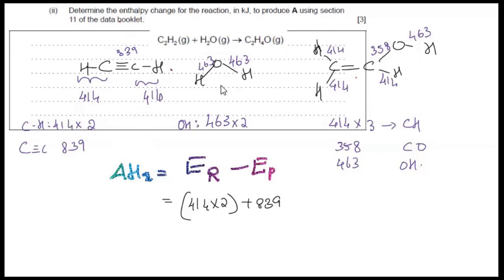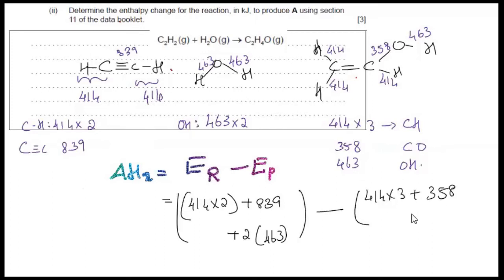Now we have water molecule. So that would be plus 2 times 463. Coming to the product side, this has to be subtracted from the product data. So here it is 414 times 3 plus 358 plus 463.